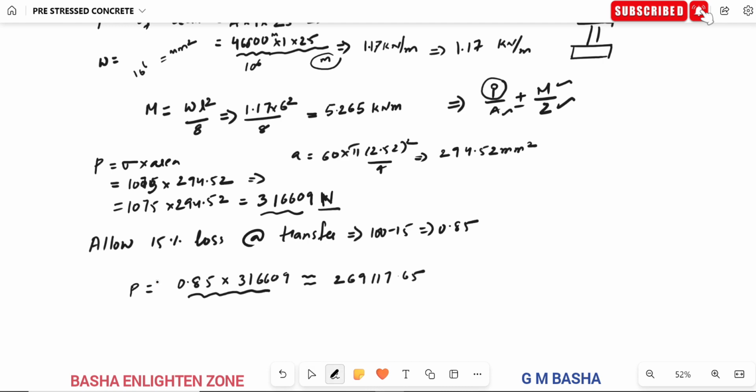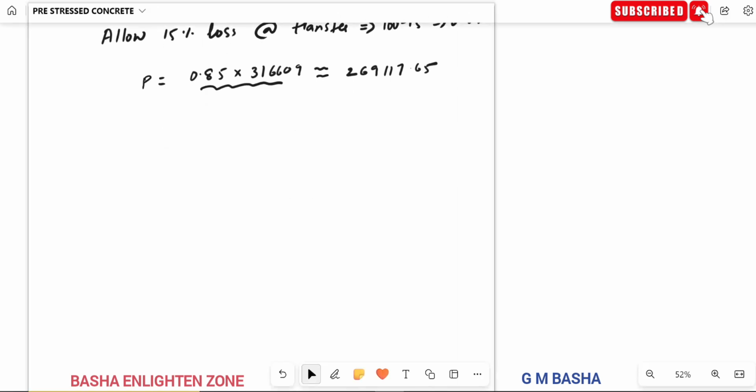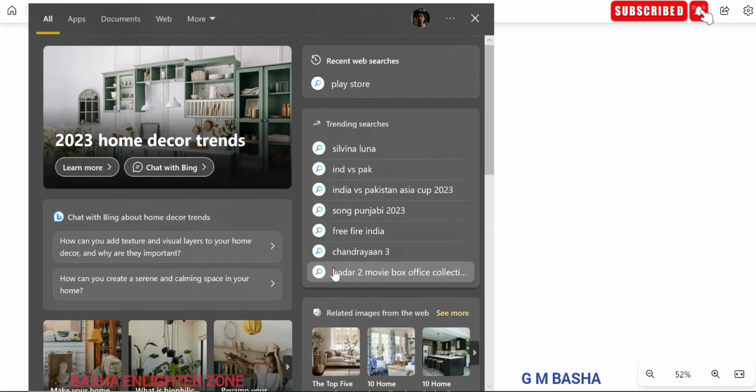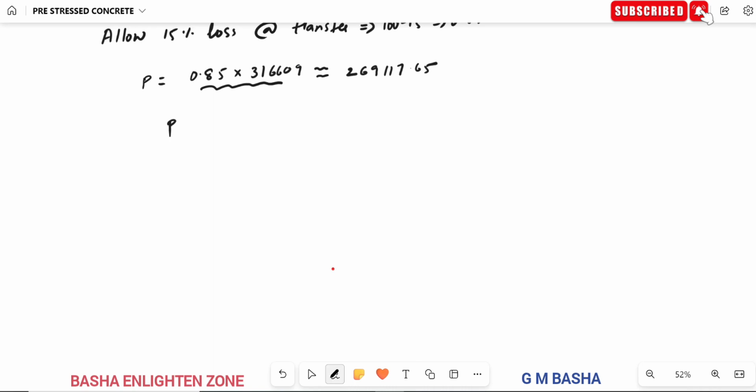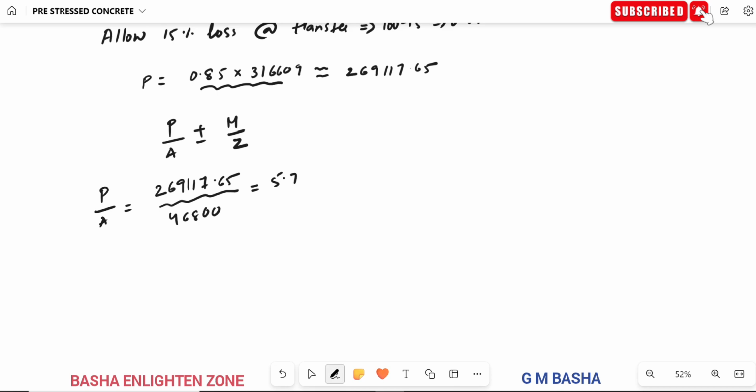That is what the extreme stresses at top and bottom are. So that is P by A plus or minus M by Z. So that is 269,117.65. First we are finding P by A, divided by 46800. So that one will be around 5.75 Newton per mm square.